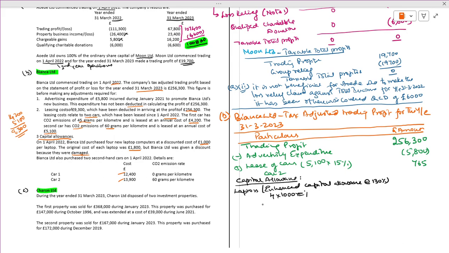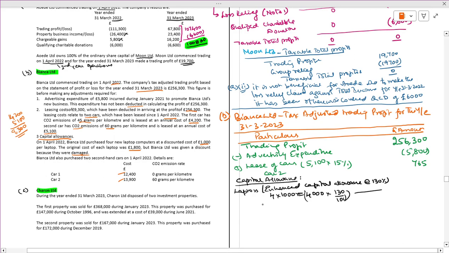It comes to 4,000. 4,000 times 1.3, or you can take it as 130 by 100. It comes to 5,200.